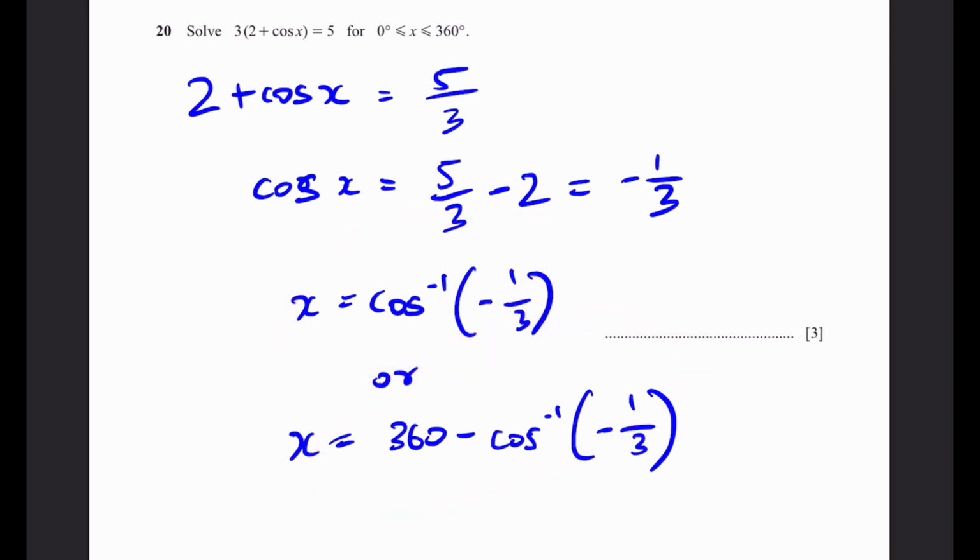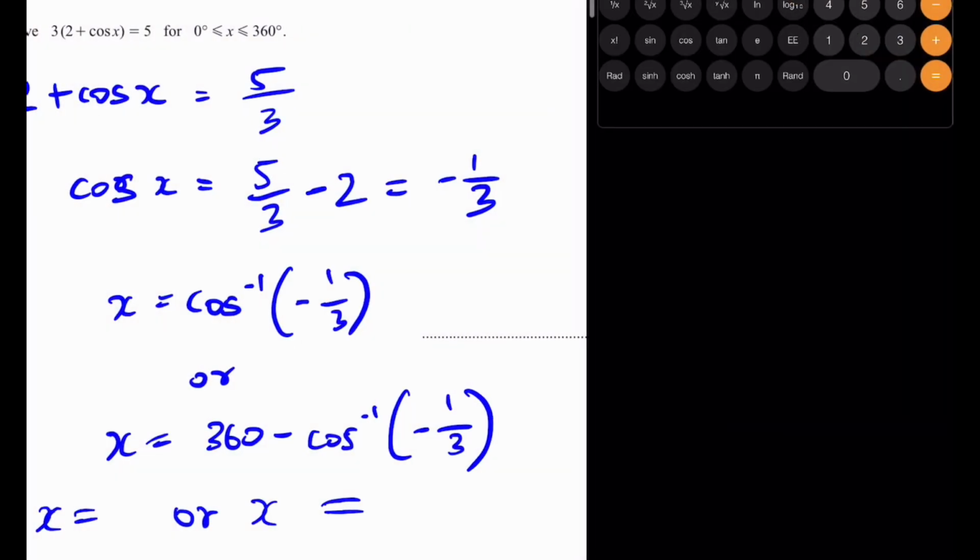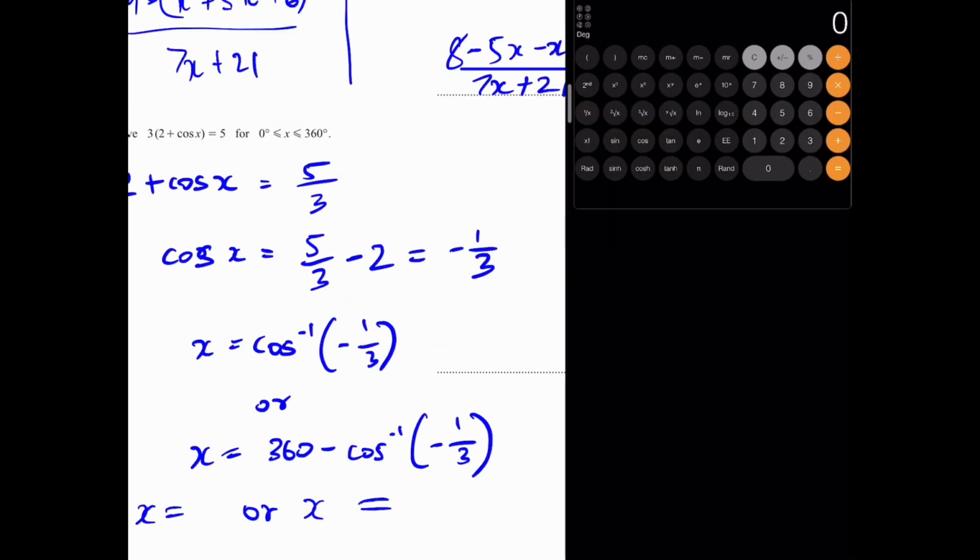So x equals, we can put 2 of them, because we have 2 values. Now we can get a calculator out. We go minus 1 by 3, and then we just do cos inverse of that. 109.47, which you can round to 109.5 degrees.